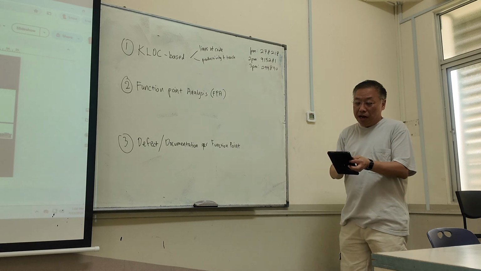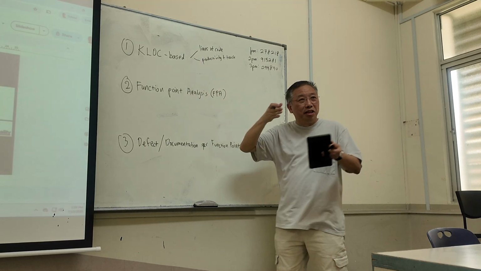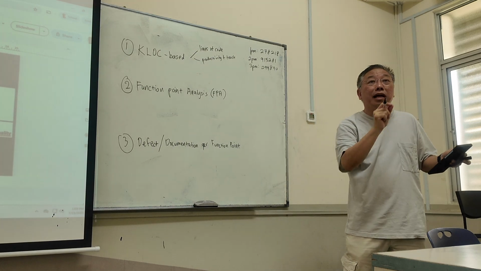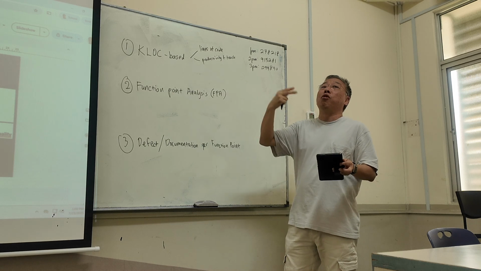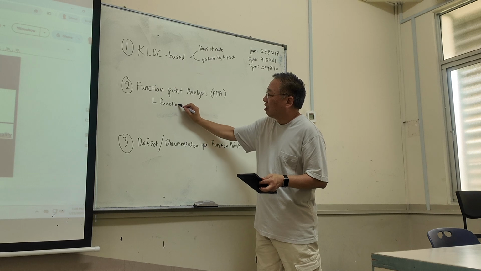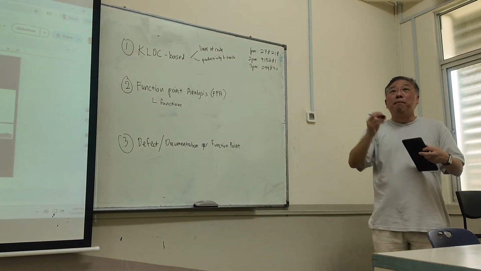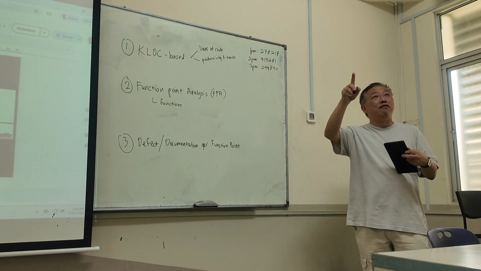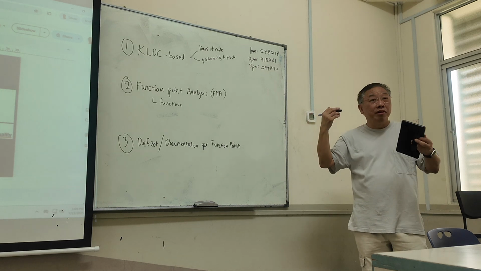Okay? Then we have, but you see, this calculation is very internal focused. You look at your code, count how many lines there are. This function point analysis is slightly different. It's more outward looking. You count the number of functions in your whole system. And the functions are the number of input fields you have, the number of output fields you have, the number of reports you have, the number of query screens you have.